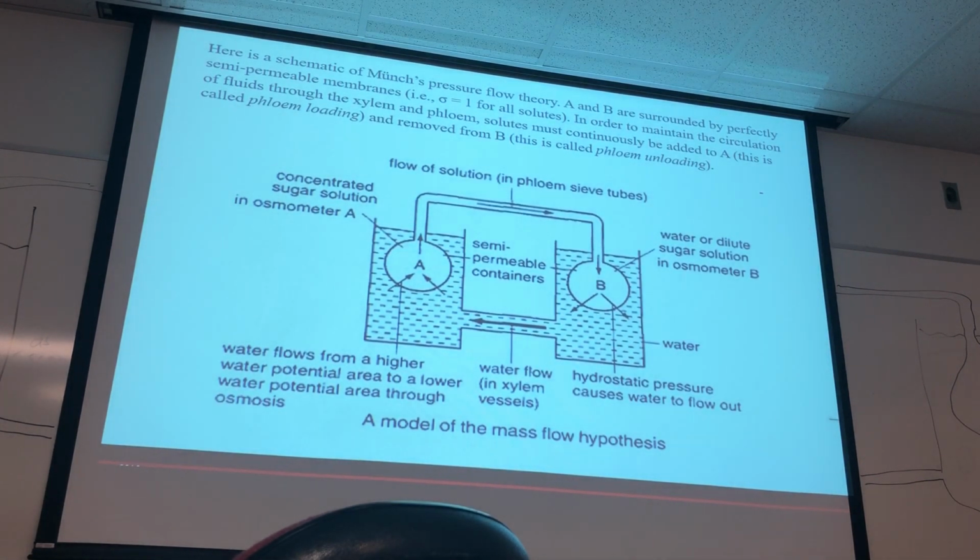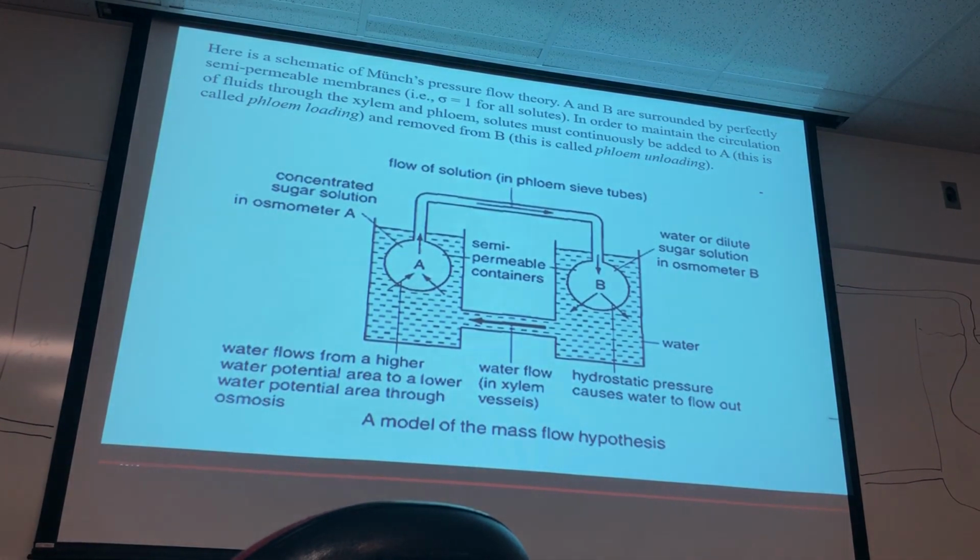Now we have an osmotic potential here lower than 0, less than 0, negative. The total water potential is also less than 0 now, inside this bulb. It's 0 here, it's less than 0 here. Which way does the water move? It goes in, right? It moves in.